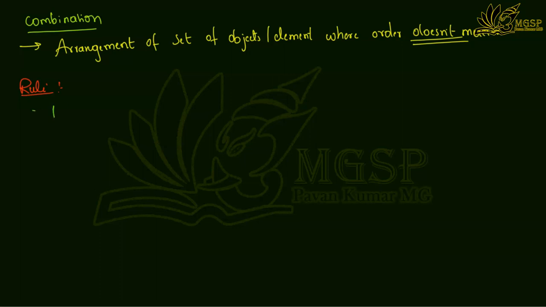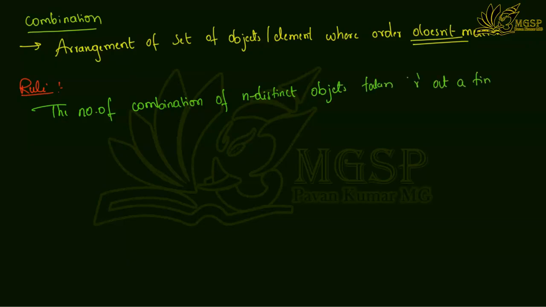We'll write: number of combinations of n distinct objects or elements taken r at a time. Here the case is: repetition is allowed.